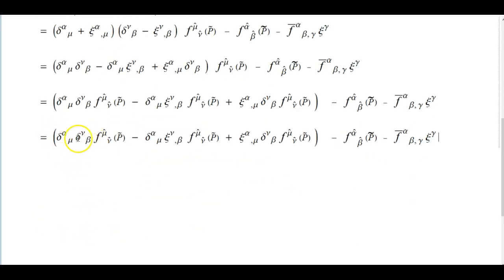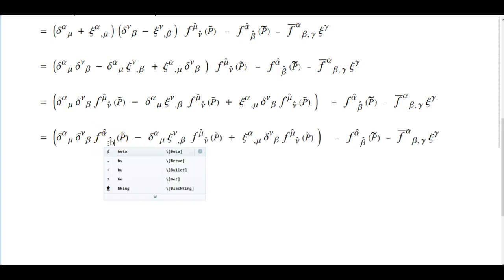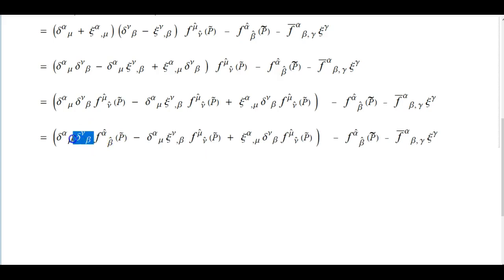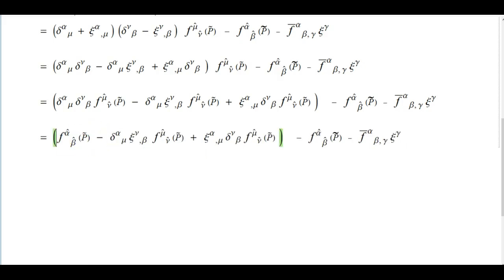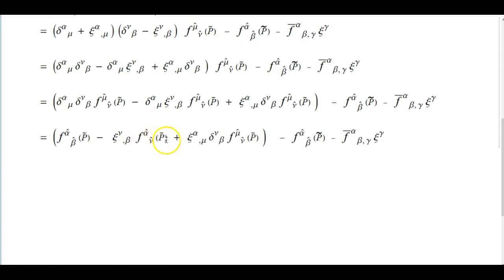So this becomes alpha here, this becomes beta here, and this is gone. Now here alpha mu will contract too, okay, so this becomes like this.